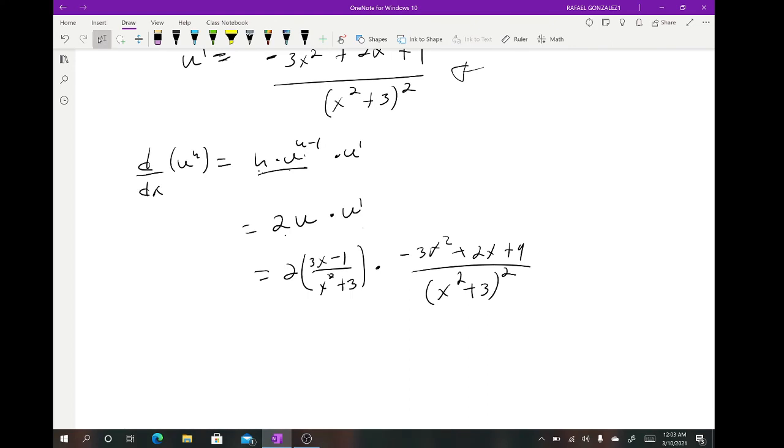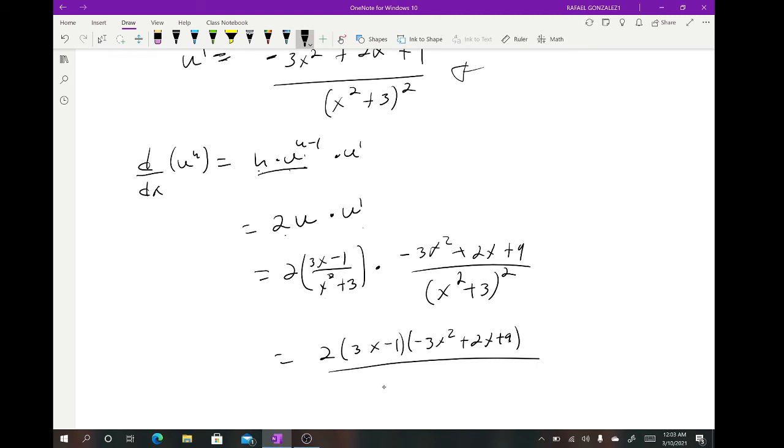And now, if you want to, you could multiply this out. I'm not going to do that. I'm just going to write that as 2 times 3x minus 1 times minus 3x squared plus 2x plus 9. This is a perfectly fine answer for a problem. If I gave you a problem, this is enough simplifying.